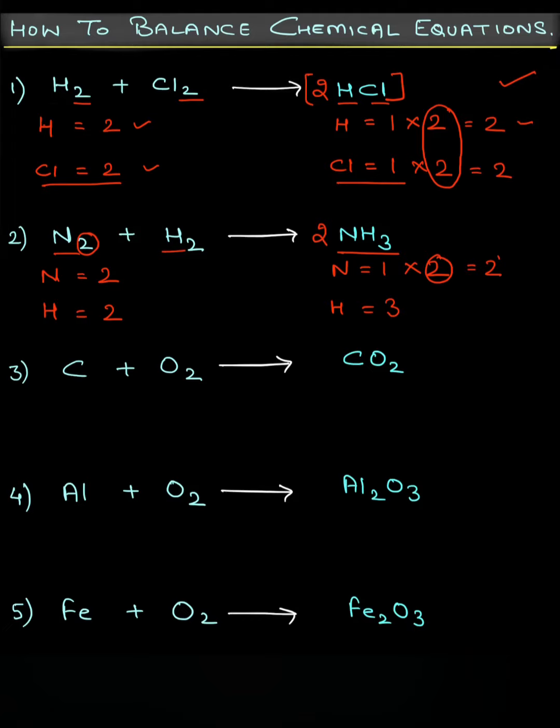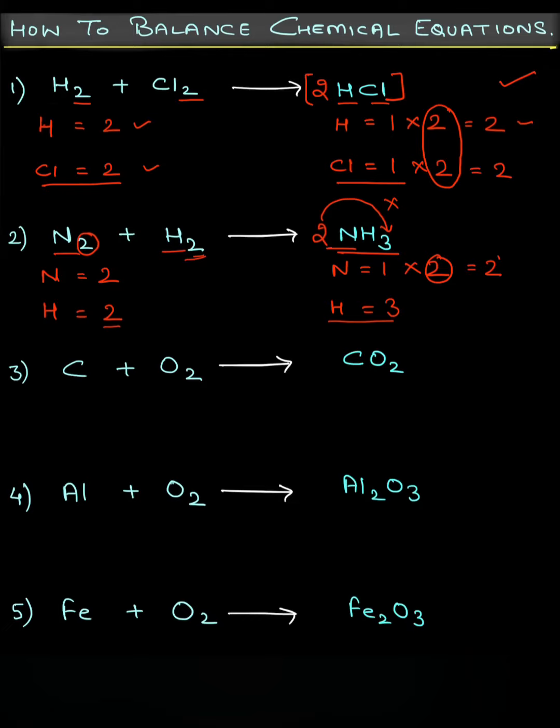Now we will check for the hydrogen also. On the left side 2 atoms are present, whereas on the right side 6 hydrogen atoms are present. Now we have to multiply this coefficient for both nitrogen as well as for hydrogen.